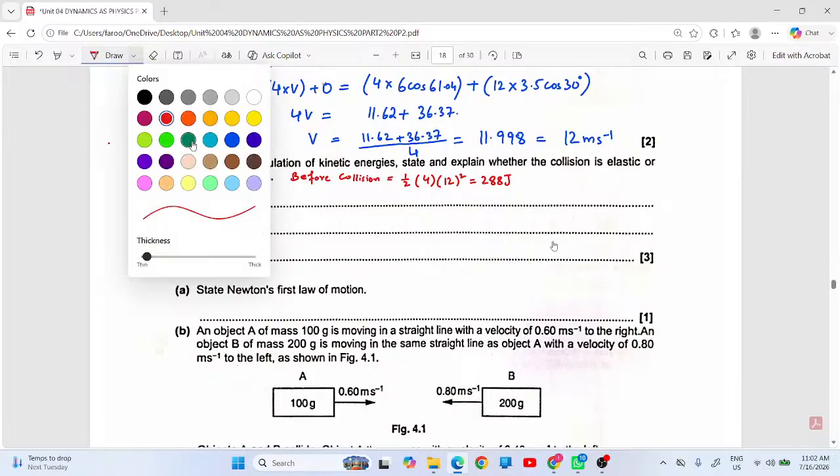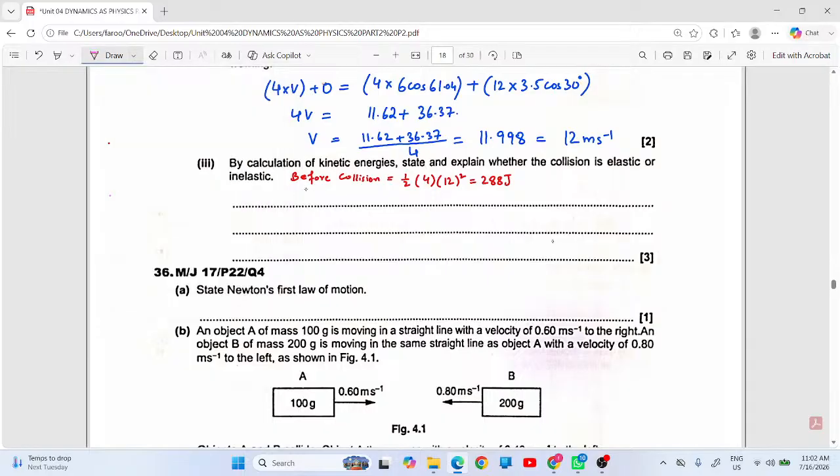Now we have to calculate the kinetic energy after the collision.